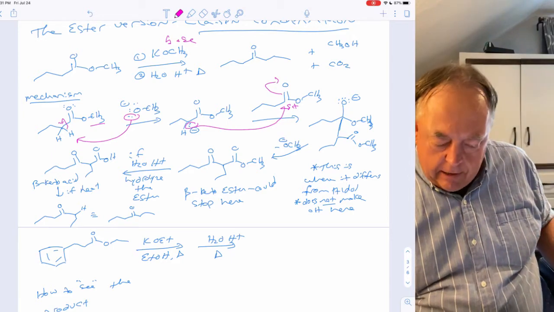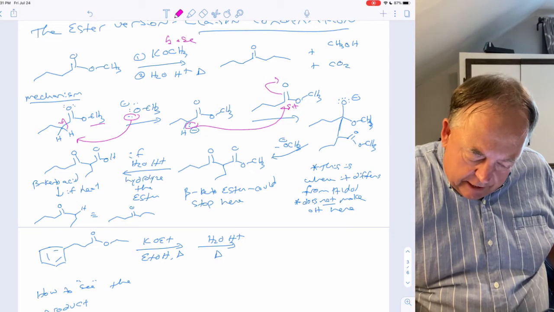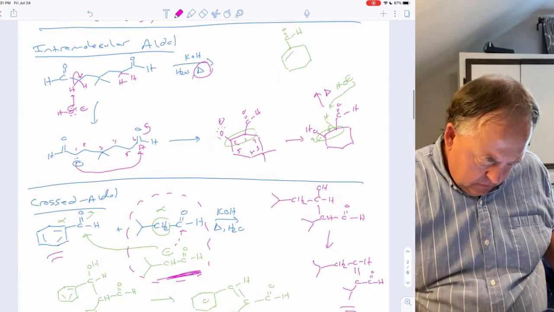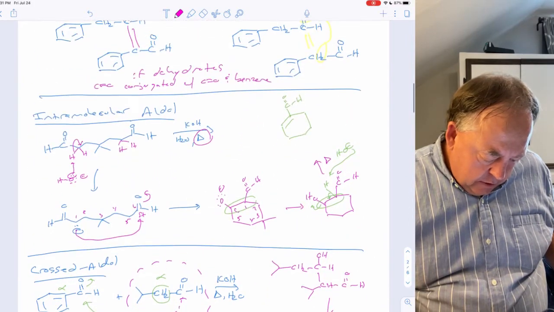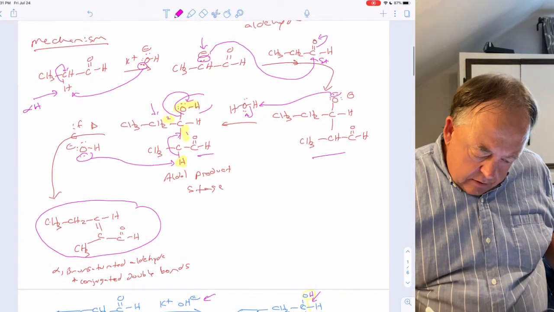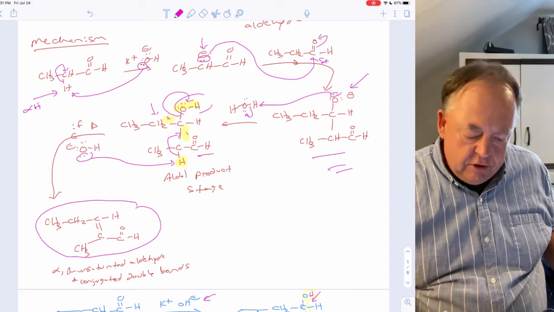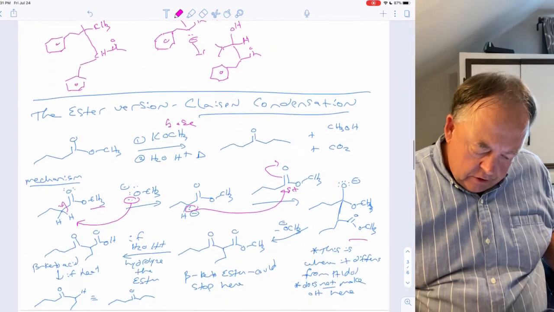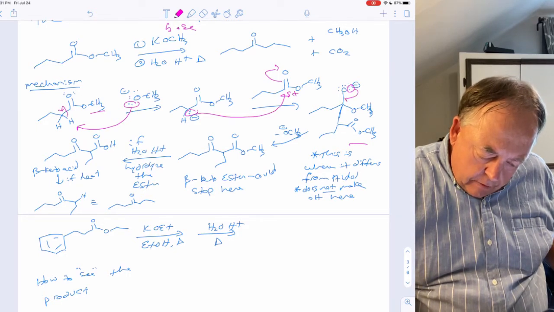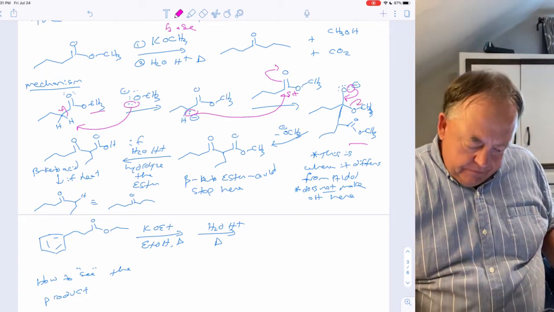So this is just like the aldol, and then break the C double bond O. And now we have this, and this is where it's different than the aldol, because if this was the aldol, then at this point we would pick up a hydrogen on that oxygen and make that an OH, right? But that's not what we're going to do here. Instead, we're going to remake the carbon-oxygen double bond, and kick off the leaving group OCH3.